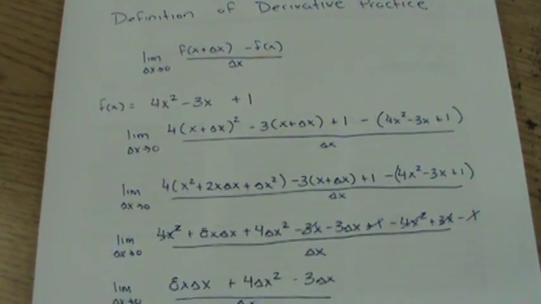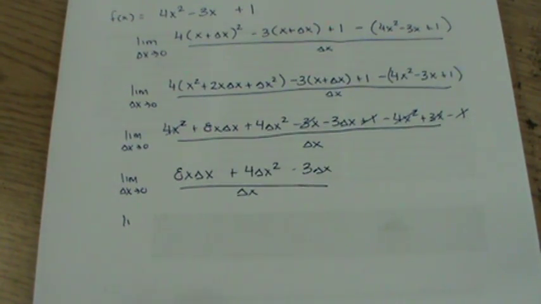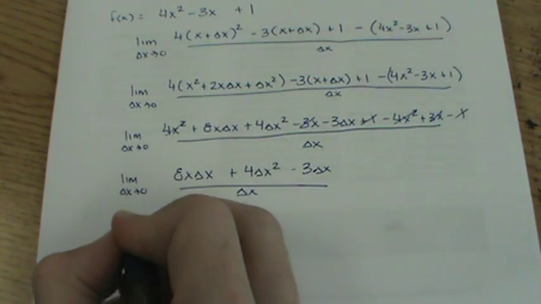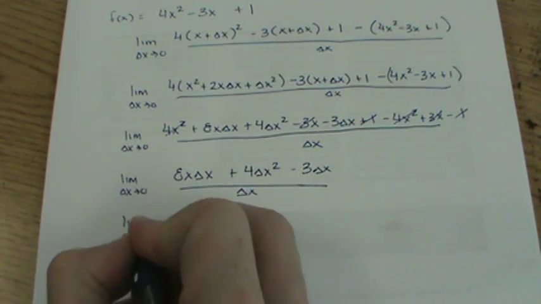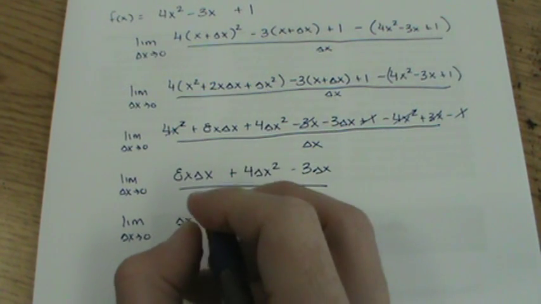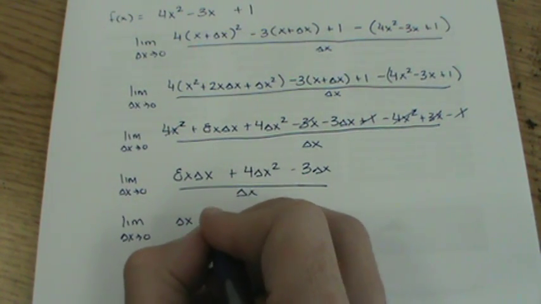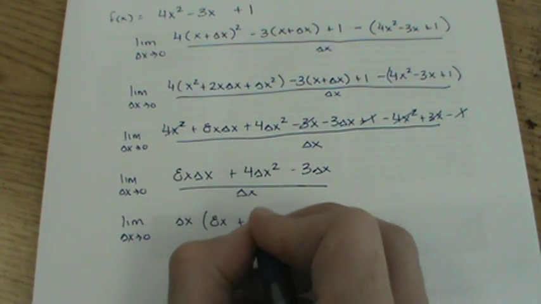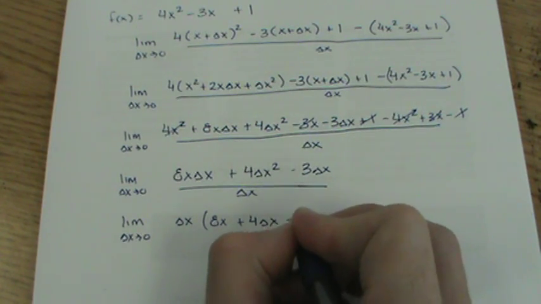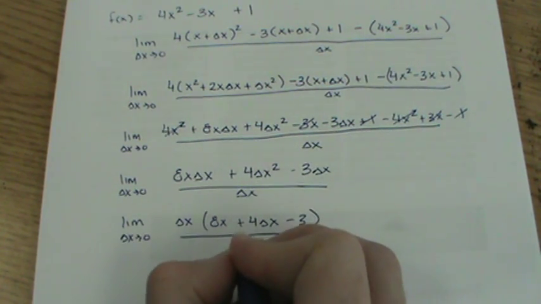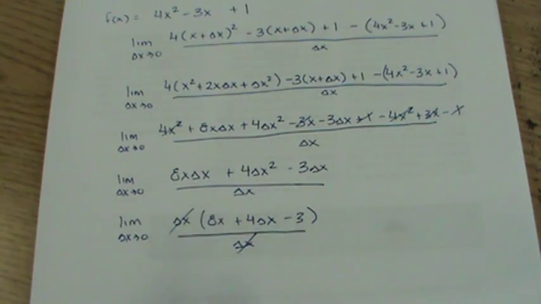So now the next step would be to go ahead and factor out the delta x. So I have 8x plus 4 delta x minus 3. At this point, the delta x's cancel.